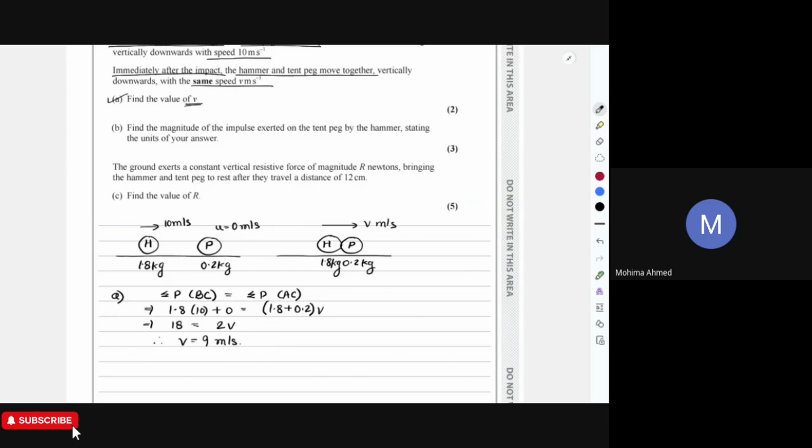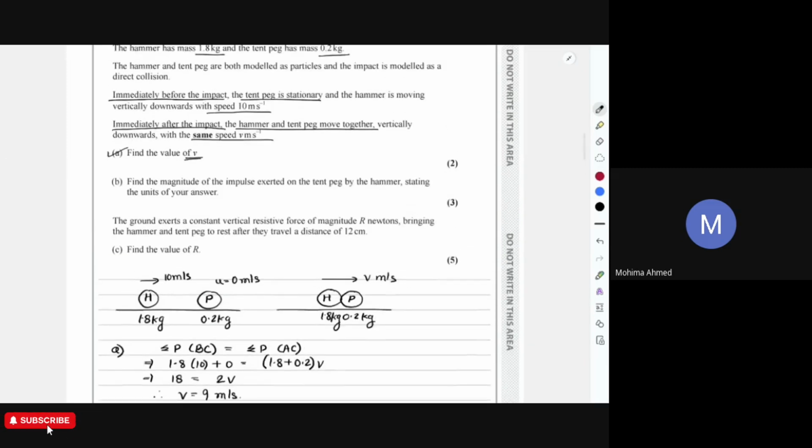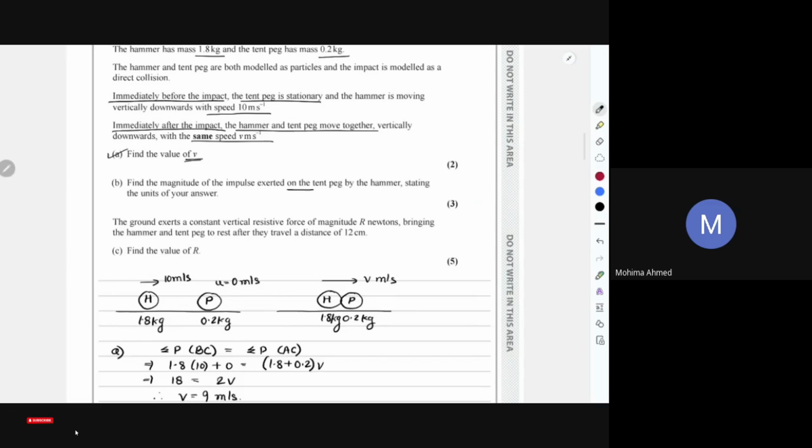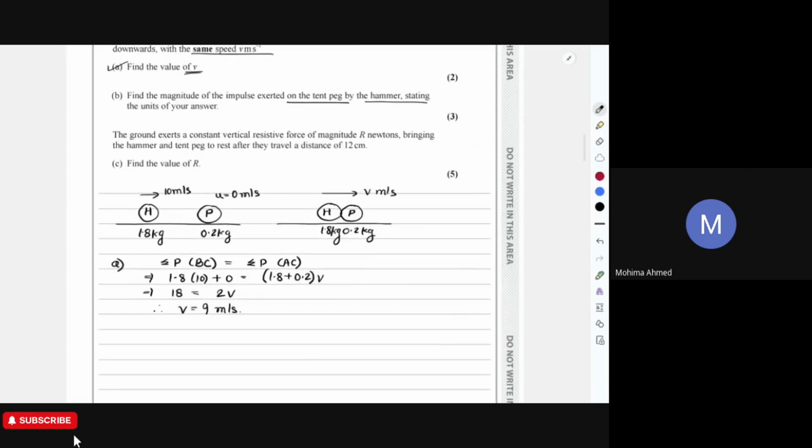Then if we move on to the next one, they're saying find the magnitude of the impulse exerted on the tent peg by the hammer, stating the unit of your answer. The magnitude of the impulse is going to be the change in momentum of the peg, right?